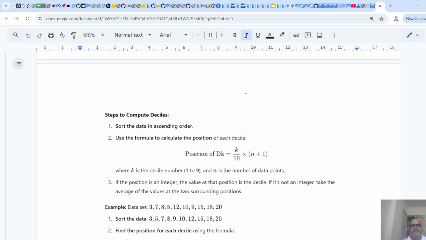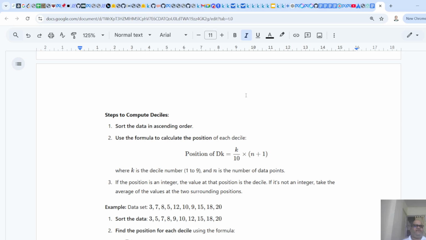There is a very simple formula for it. If you have n data points, you add one, so that is n plus 1. If you are looking for the position of the kth decile, with k from 1 to 9, it is k by 10 into n plus 1. So if you are computing D1, it will be 1 by 10 into n plus 1.